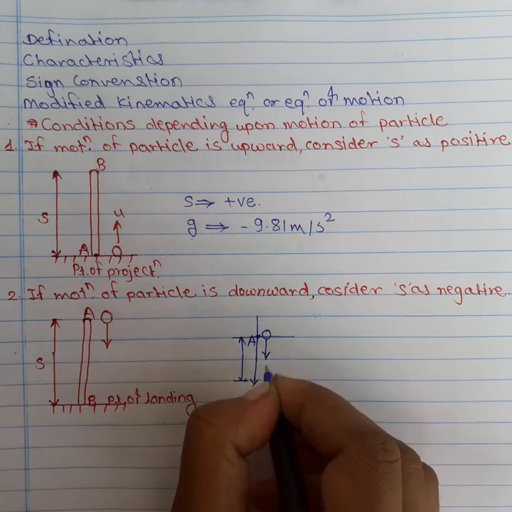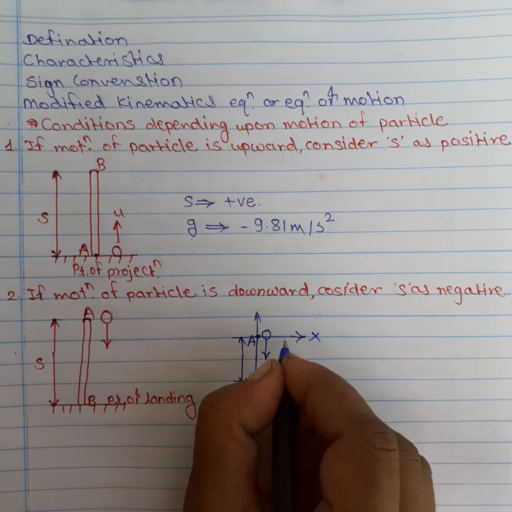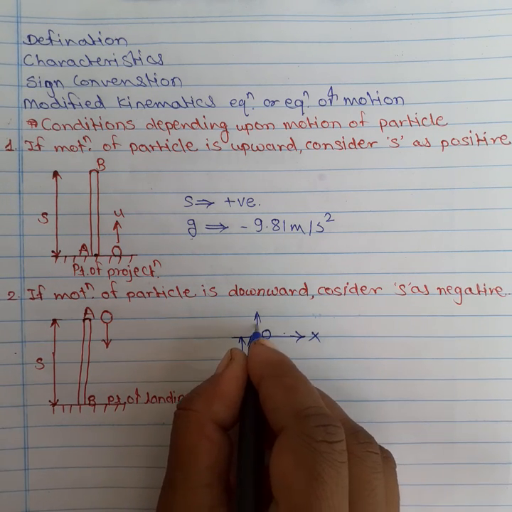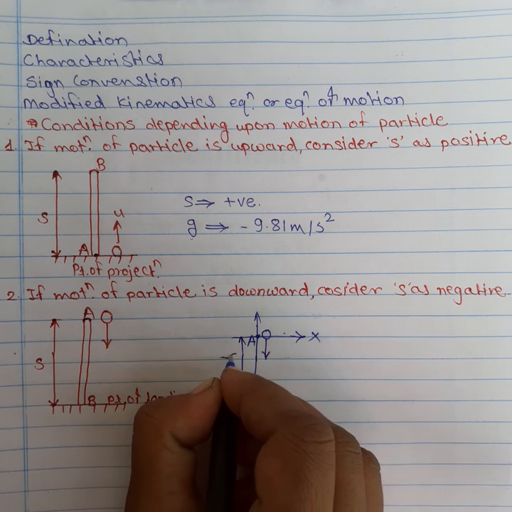Here is the x axis and here is the y axis. X is positive, y is positive, and that displacement is nothing but negative s.